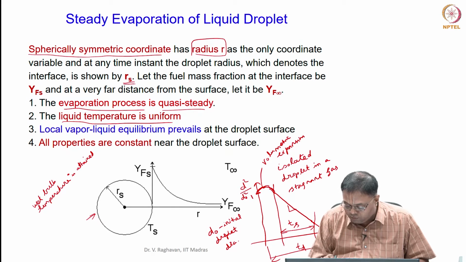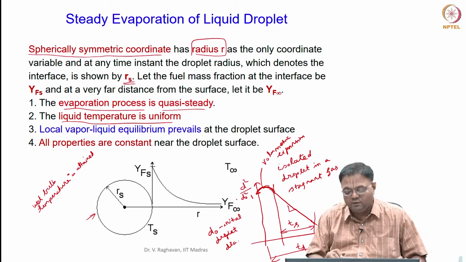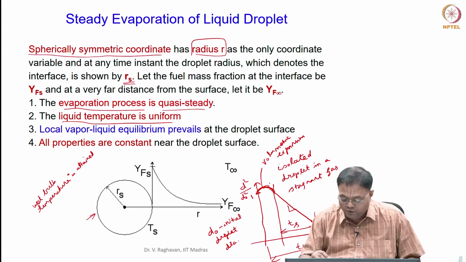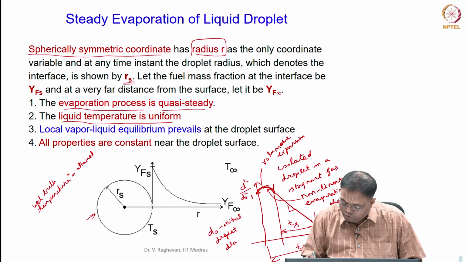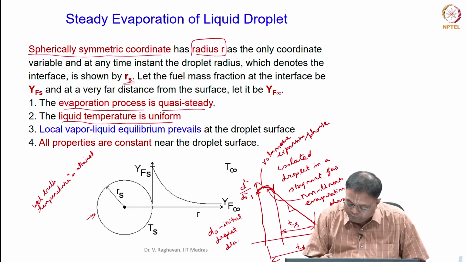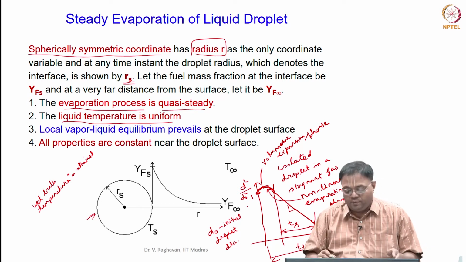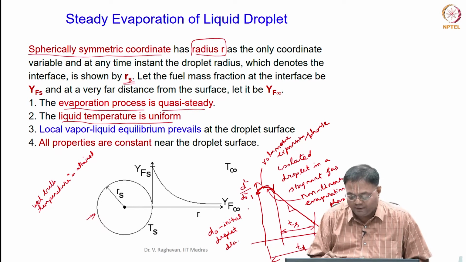Then evaporation starts, and this is a non-linear evaporation phase. So, in the volumetric expansion phase, the droplet diameter increases from the initial value to a maximum value.